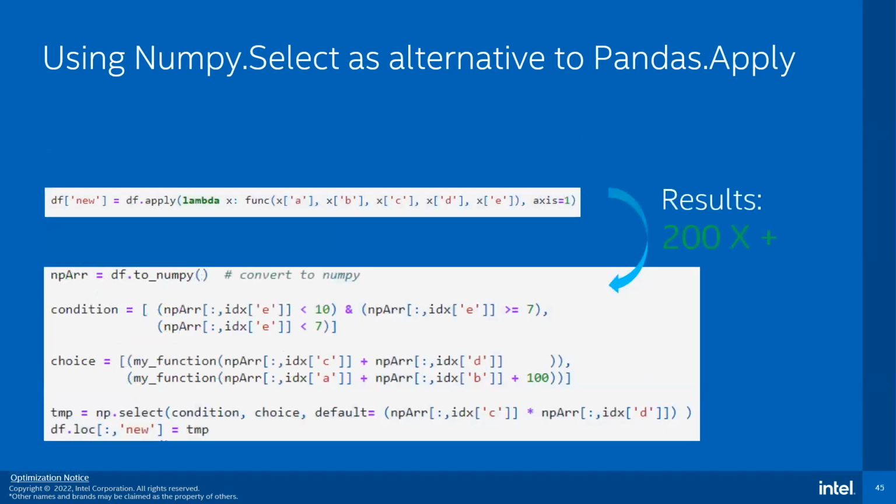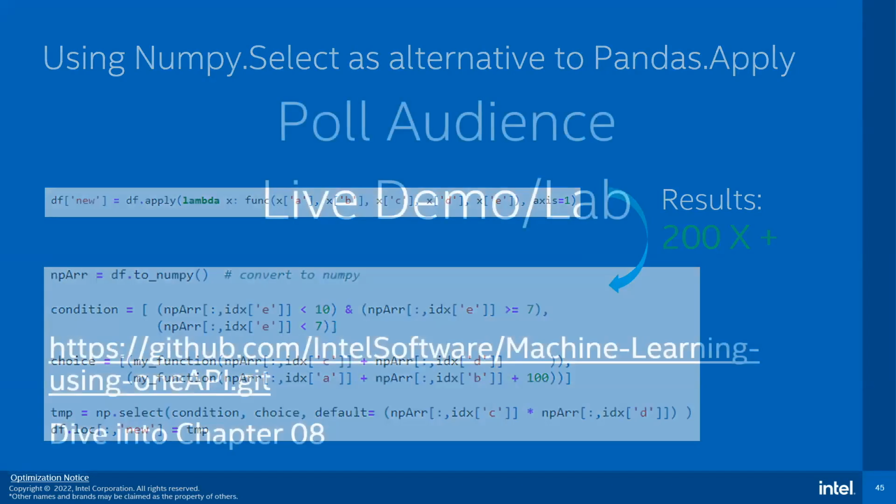We're going to replace that with the following condition statement, choice statement, and default. Now, in this case, I just put the default right here. I encoded it directly as tuples. But condition, choice, and that default. And we call the select statement. And when I do that, this is a 200x speed up, more than 200x speed up, with respect to that apply statement.